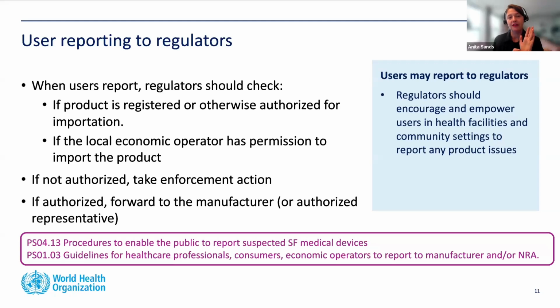It's very rare that the authorized representative is there. I know it is in Europe, but I do not know of many other jurisdictions that will put the wholesaler or distributor on the label. So although it will happen, and you may, as a public institution, want to have a way for the public to report to you, it's really important to forward that information on to the manufacturers to conduct the investigation.